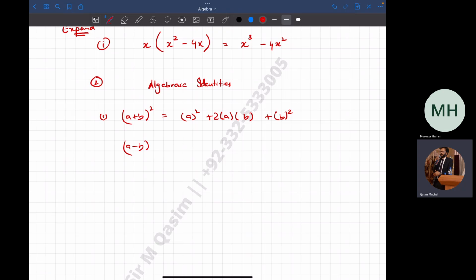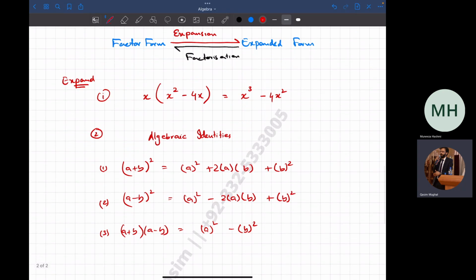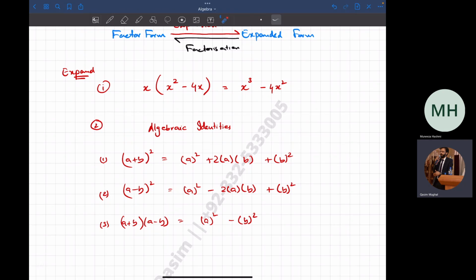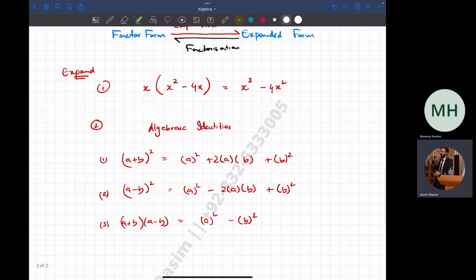Second one is a minus b whole squared, the expanded form of which is a squared minus 2ab plus b squared. And the third one is a plus b times a minus b, the expanded form of which is a squared minus b squared. Now you can use either of these two methods in order to expand, but this one is not applicable for all the factors. It only works on the special factors.